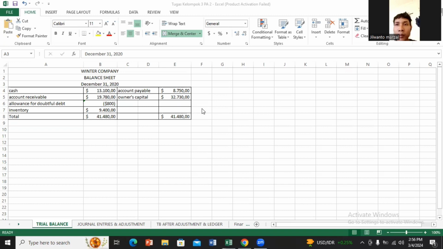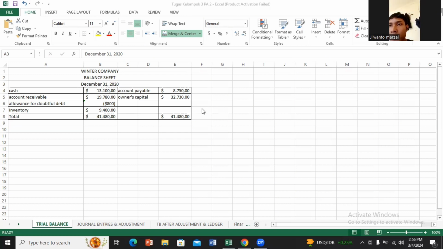The first one will be presented by me. So we have the Winter Company balance sheet here. It says they have cash of $30,100 on debit, accounts receivable of $19,780 on debit, allowance for doubtful accounts of $800, and inventory of $9,500.